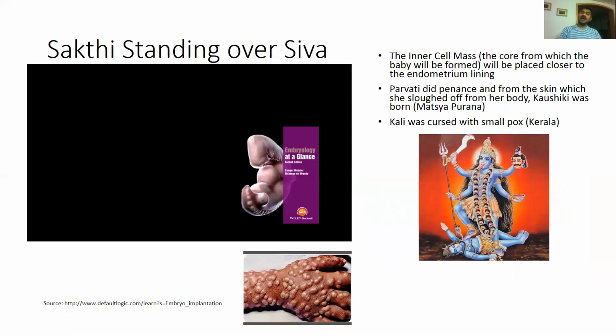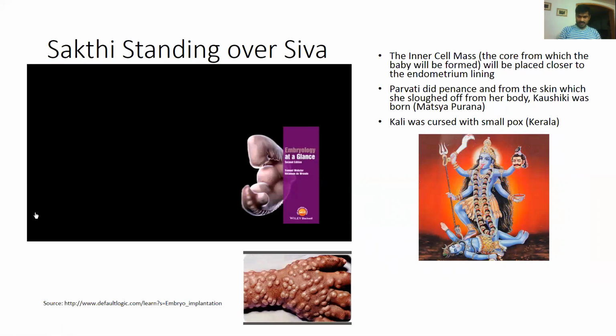So, how was Kali formed? If you look at the Puranas, they say Parvati did the penance, and from the skin which she put away, Kaushiki was born. Okay, so the outer layer was removed and Kali was born.